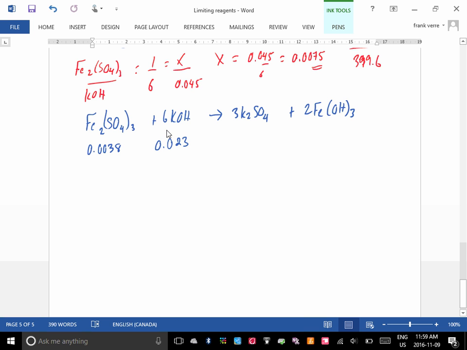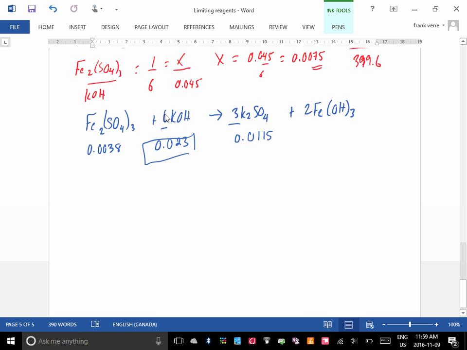So look at the ratio of 6 to 3. 3 is exactly half of 6. So that means that this should exactly be half of this: 0.0115.